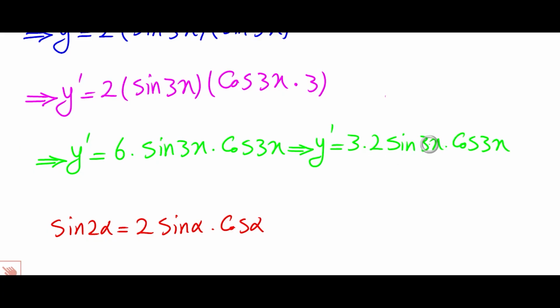So 2 sine of 3x times cosine of 3x, according to this formula, is sine of 6x. So y prime is equal to 3 sine of 6x.